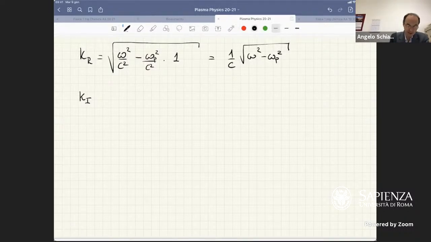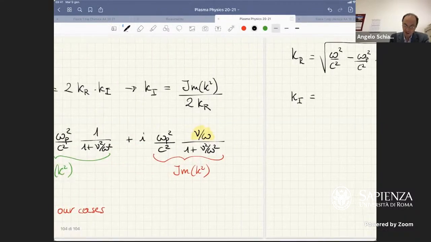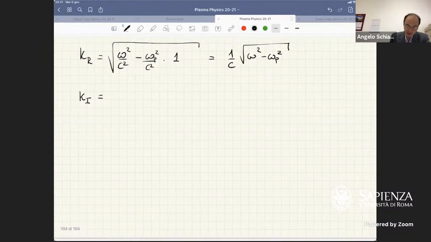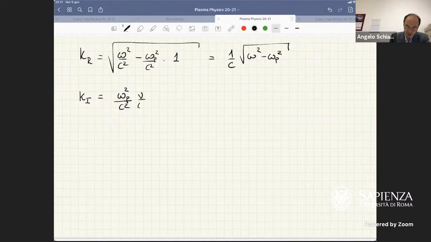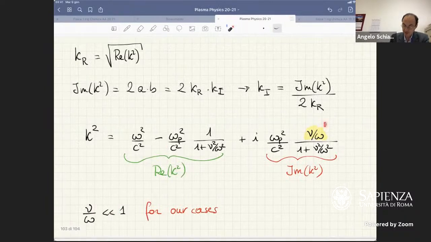So the imaginary part is the imaginary part of k squared, which is omega p squared divided by c squared, times nu over omega. Okay, this is the imaginary part.